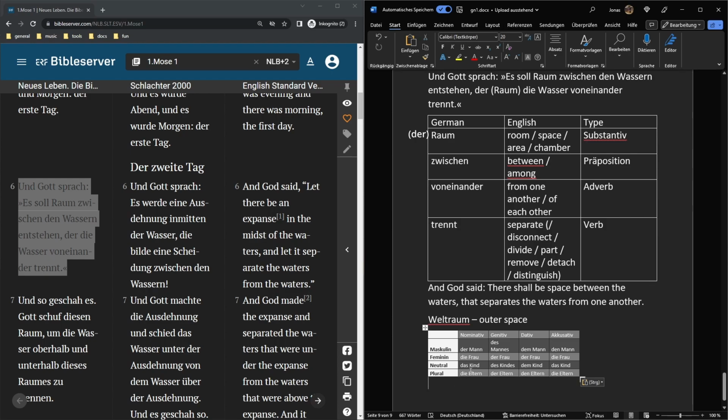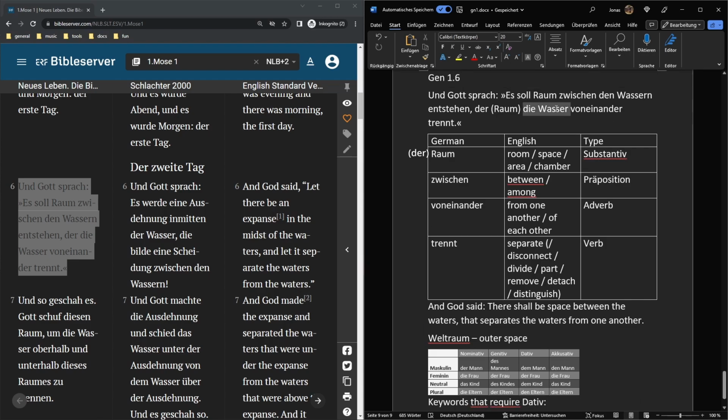These are, for instance, aus, bei, entgegen, entsprechend, gegenüber, gemäß, nach, nahe, nebst, samt, seit, von, or zu, and of course zwischen. And in the Nebensatz we use die Wasser because this is the nominative case.